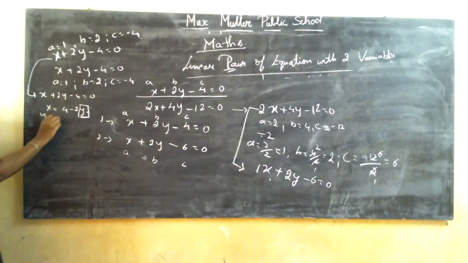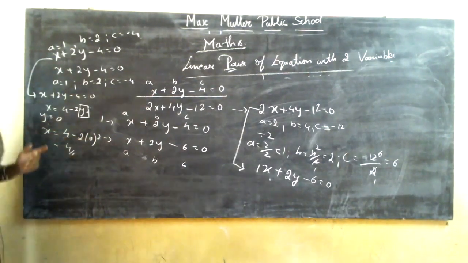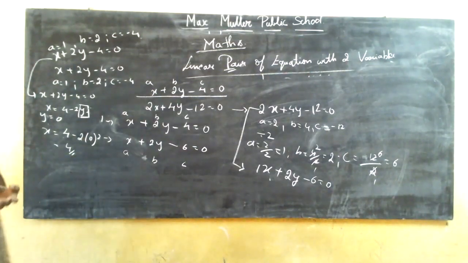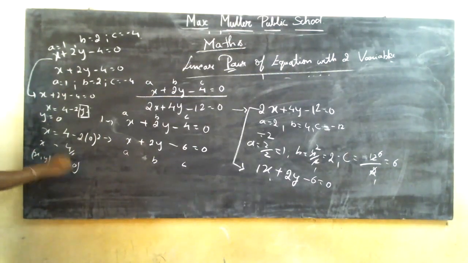Now if you assume that y is equal to 0, then what is the value of x? 4 minus 2 into 0. 2 into 0 is 0. 4 minus 0 is 4 itself. So x value is 4. Clear? Now you have got only one coordinate point. That is x comma y is equal to 4 comma 0.